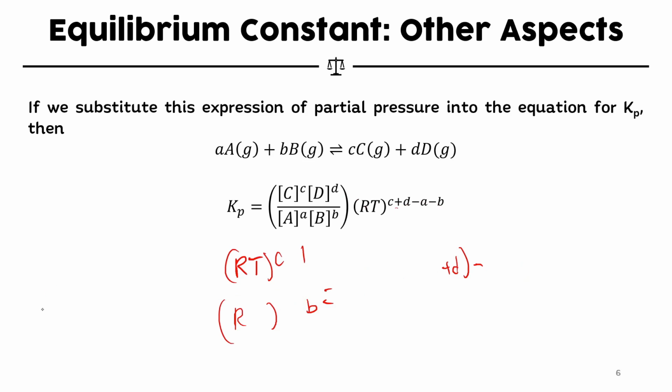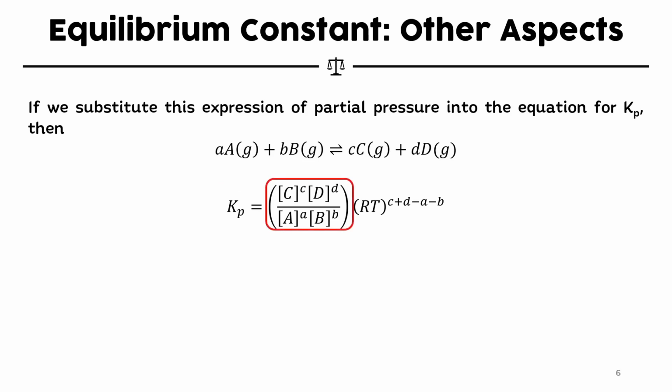And we know that this term, this expression here, is our equilibrium constant in terms of concentration. Thus, we can now establish a relationship between the Kp and Kc.